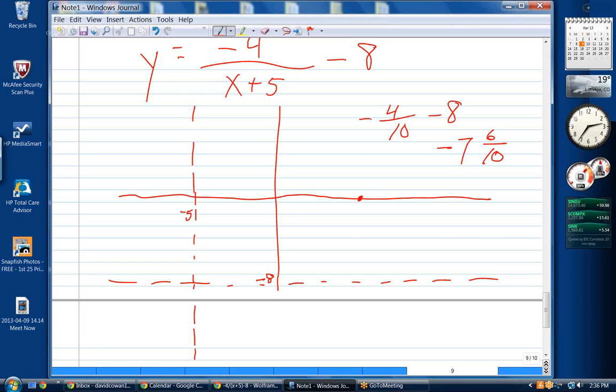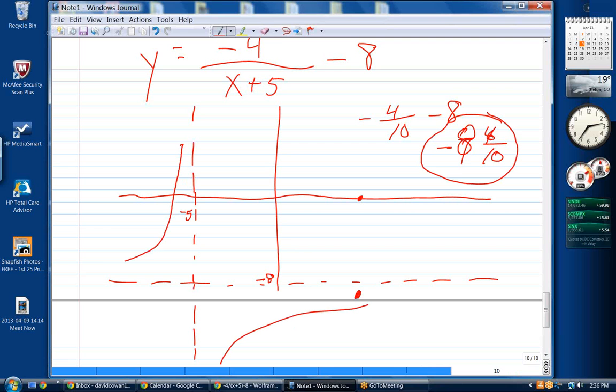Minus 4/10 minus 8 is minus 8 and 4/10, which puts it on this side of that horizontal asymptote. So I made a math error. Otherwise, the first value of x I picked gives me my proper positioning. In other words, now I know that it's this and this. So we did it right. I just made a math error, which confused everybody.